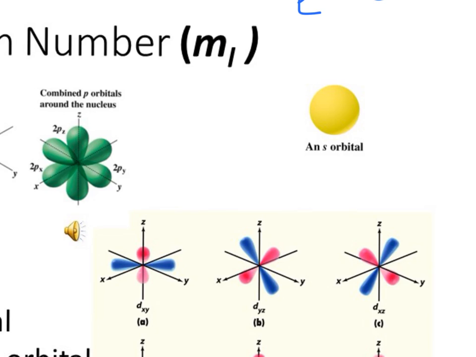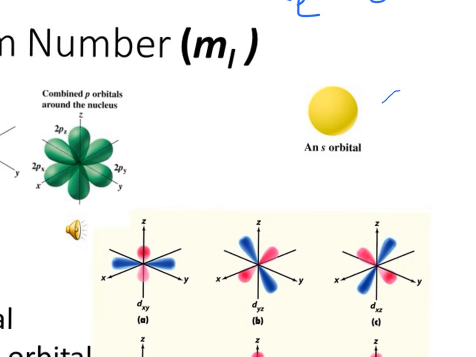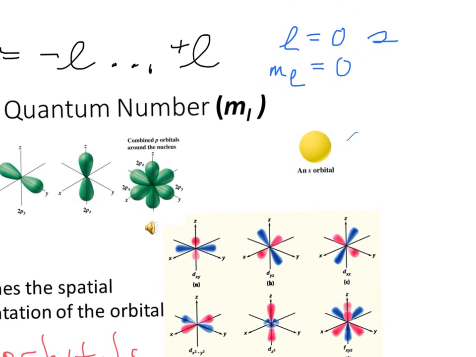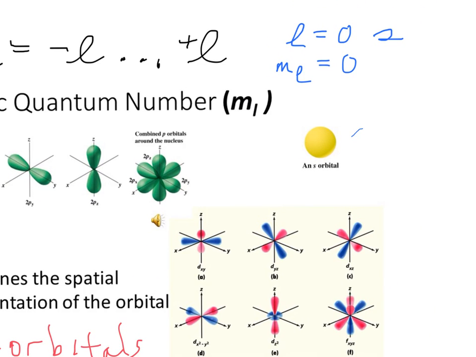You can only twist or turn a sphere in space one way. So there's only one possible orientation for a spherical orbital, which your S sublevels orbitals are. Your S sublevels are all spheres, so there's only one way you can orient them in three-dimensional space. Therefore, that means that your S sublevel can have only one orbital. And that orbital will be the m sub l equals 0 orbital.